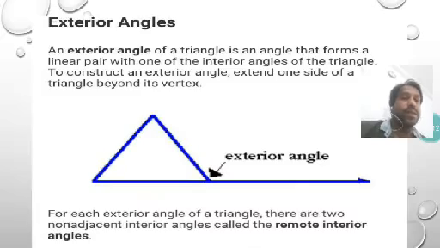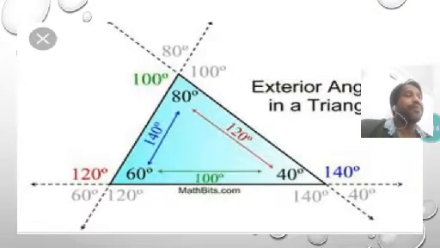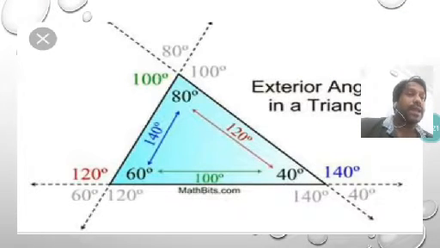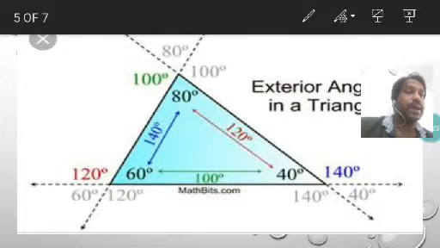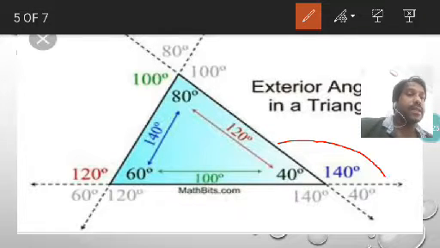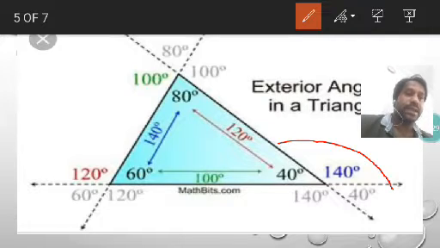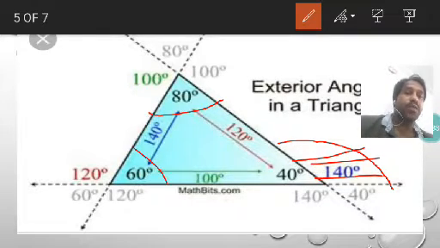So this statement was saying that the exterior angle is equal to the sum of the remote interior angles. Focus here: for this angle, these are its remote interior angles, and what is their sum?